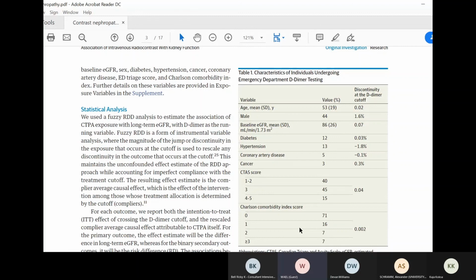For the primary outcome, the effect estimate will be the difference in long-term eGFR, whereas for the binary secondary outcomes, it will be the risk difference. The association between the running variable and both the exposure and the outcome were evaluated using local linear regression.